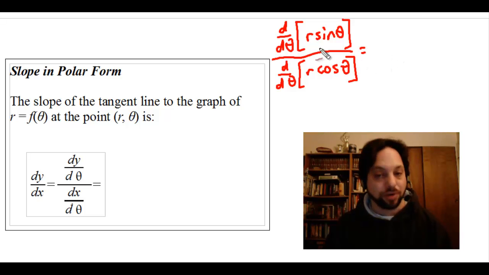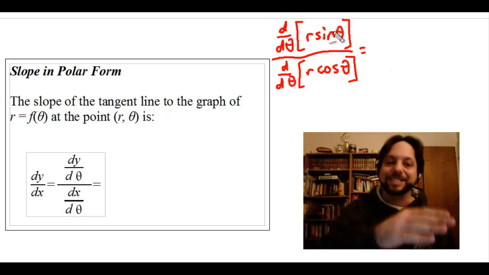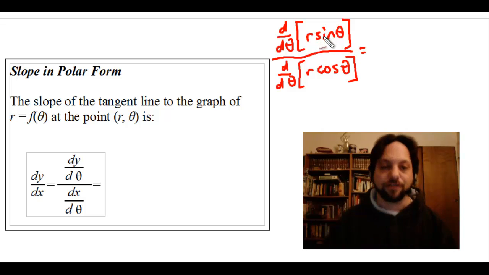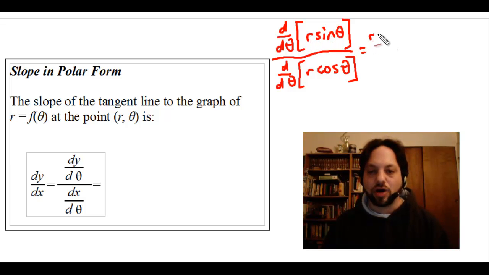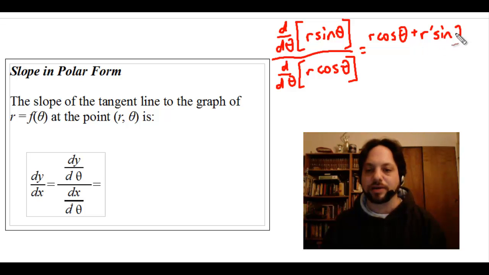We will, of course, need the product rule because r and sine theta are two different functions, but this won't be incredibly difficult. Let's see, the derivative of r sine theta, we could call that r cosine theta if we differentiate the second part first. And then if we differentiate the first part first, we get r prime sine theta.